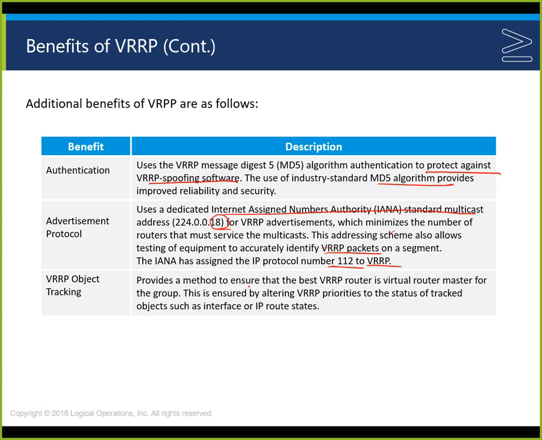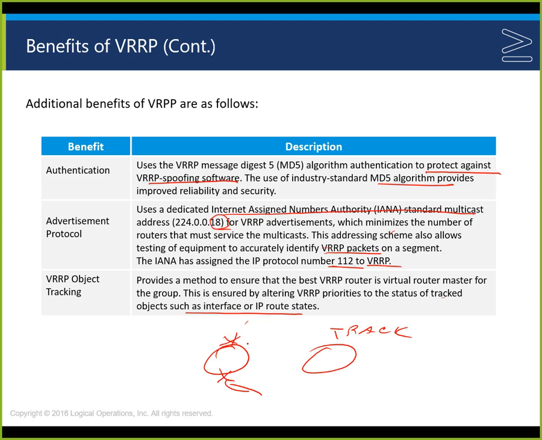Object tracking. As a virtual master, it ensures that VRRP priorities track objects such as the interface, and we talked about object tracking. If this interface goes down, this one will change.